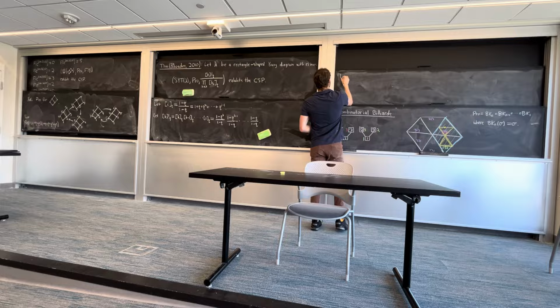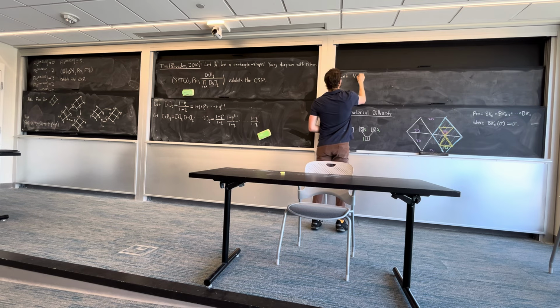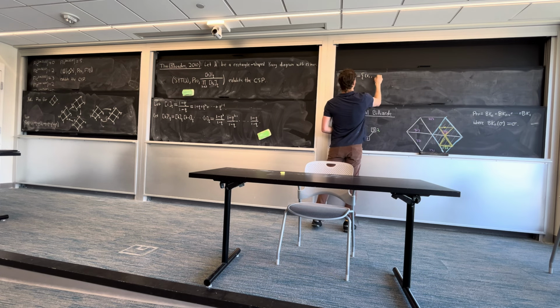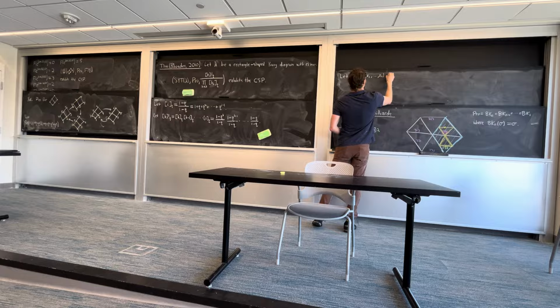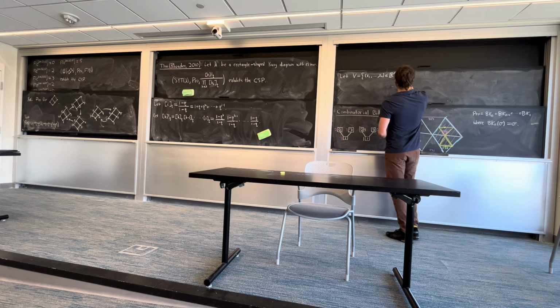So let's let V be the set of points x1 through xn in Rn, such that the coordinates sum up to 0.